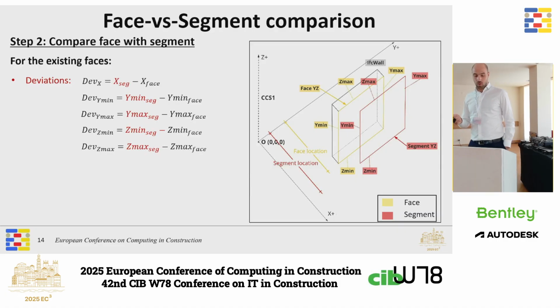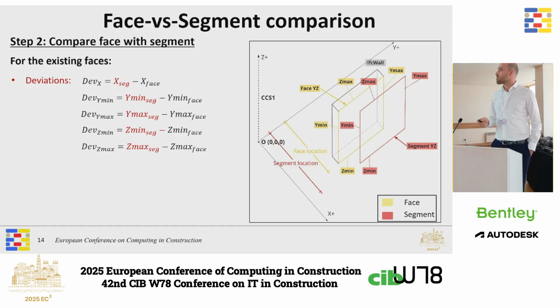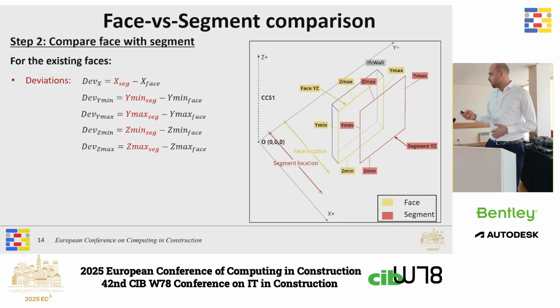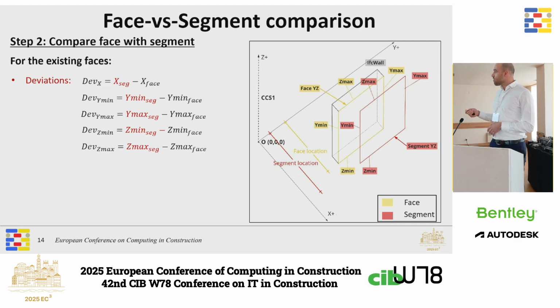Then, after we have matched each phase with a segment, for the existing phases, we want to compare the phase with the segment. Then let's have this hypothetical scenario where the red segment matches with the yellow phase. We establish 5 deviations for each phase, 1 regarding phase location and 4 regarding the 4 edges of the phase, y min, y max, z min, and z max.